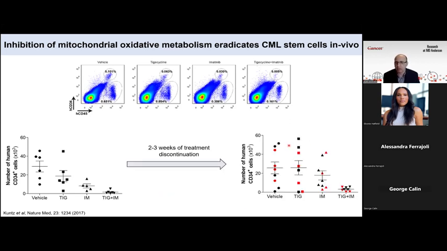And here you see in 2 different experiments how imatinib alone did not block the relapse of the leukemia in these mice, but the combination with tigecycline prevented relapse of leukemic cells in these mice, suggesting that we have indeed, to some extent, eradicated the stem cells and hopefully cured now these mice from the disease.